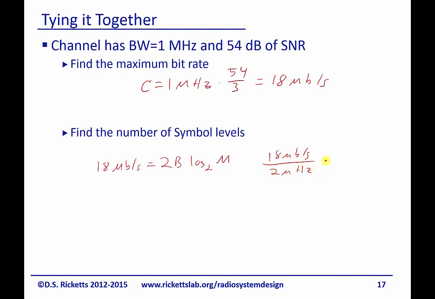Because we multiply by 2. And that equals log 2 of M. This right here is just 9. And so M equals 2 to the 9th, which is 512.